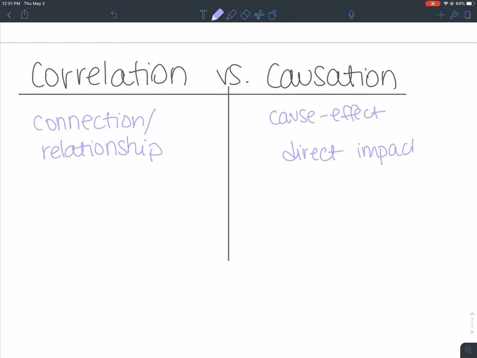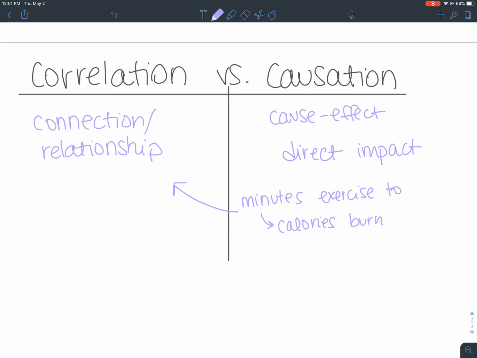So if I wanted to compare minutes I exercise to calories burned, the more I exercise, I immediately impact the calories I burn. That also has a correlation, okay, but it's more specifically a causation.